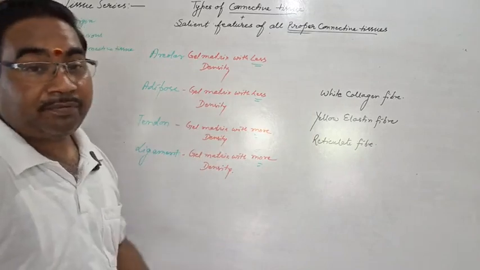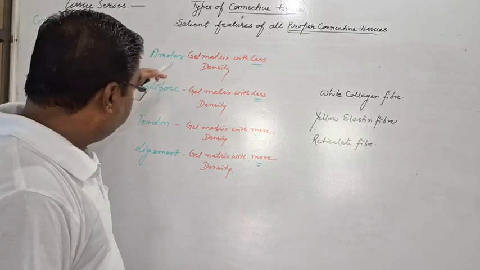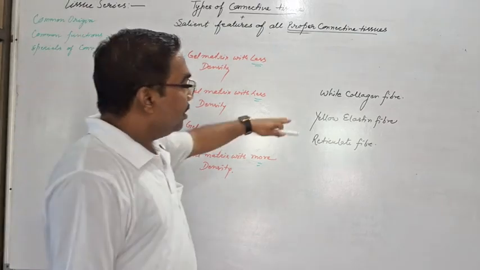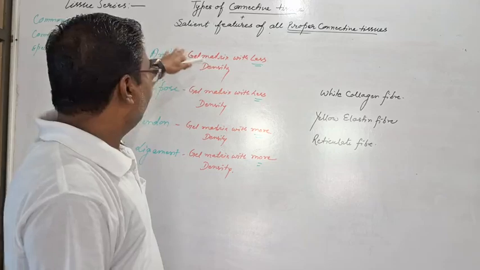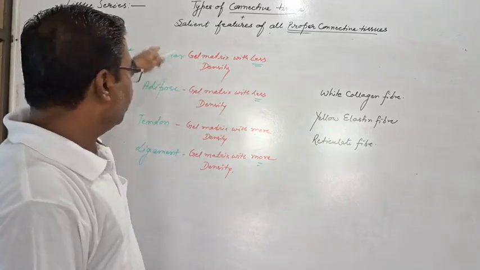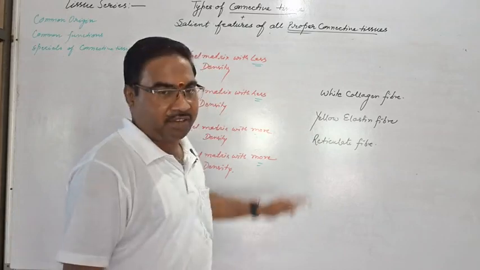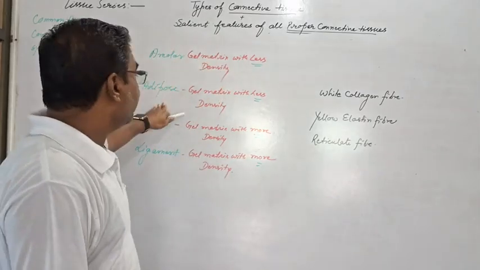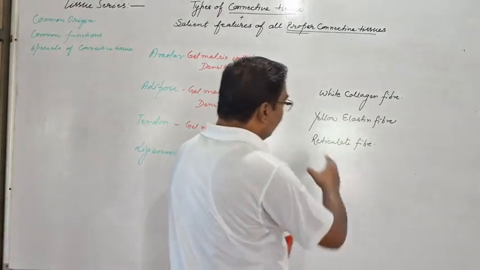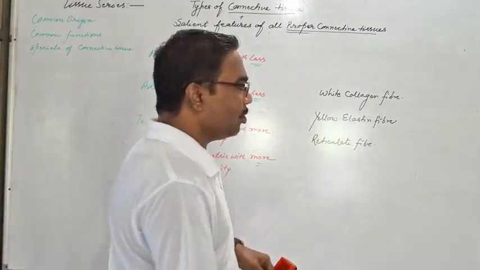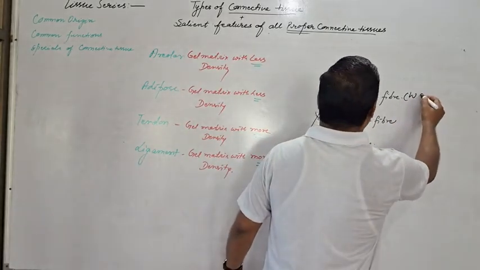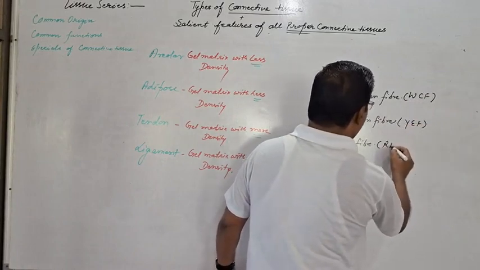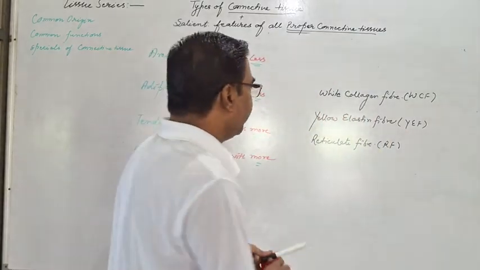But the type of fibers present in a particular tissue may be different. Totally, these three kinds of fibers are present in all four types of tissue. Then out of the three, which are present in areolar, which in adipose, let's see. To avoid prolonged writing, we will use abbreviations: white collagen fiber, yellow elastin fiber, and RF for reticulate fiber.